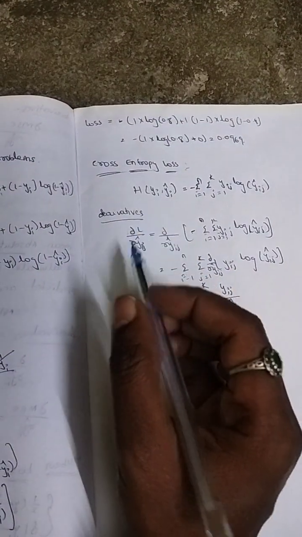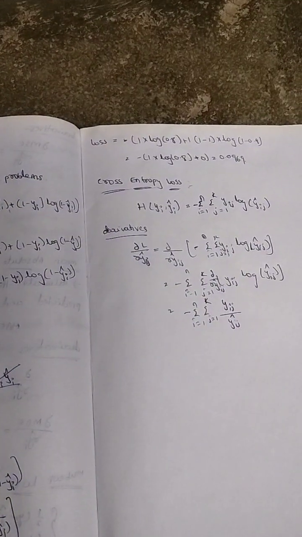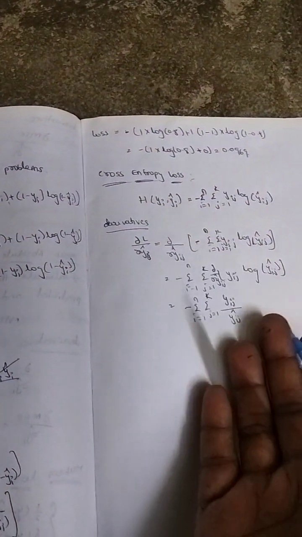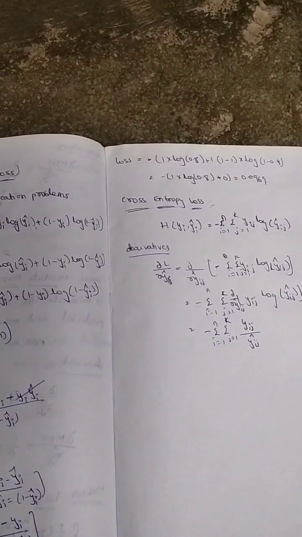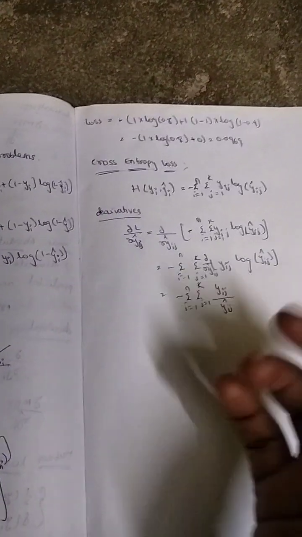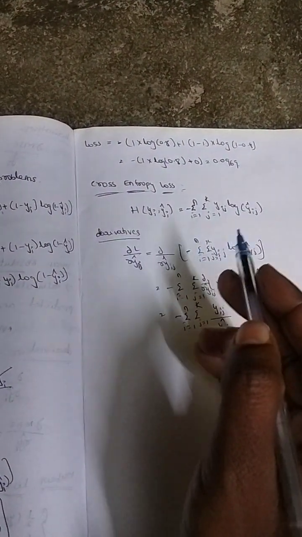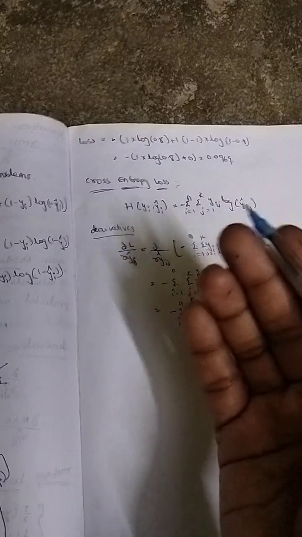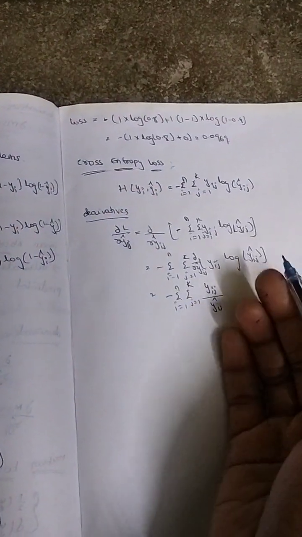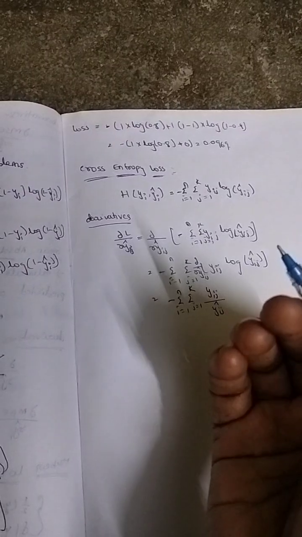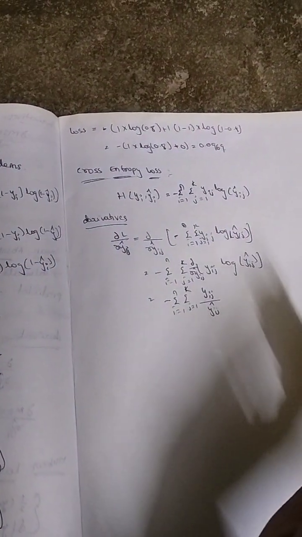The next one is cross entropy loss, or categorical cross entropy loss. What is cross entropy loss? It is used for multi-class classification problems. It measures the performance of a classification model whose output is a probability distribution over multiple classes.